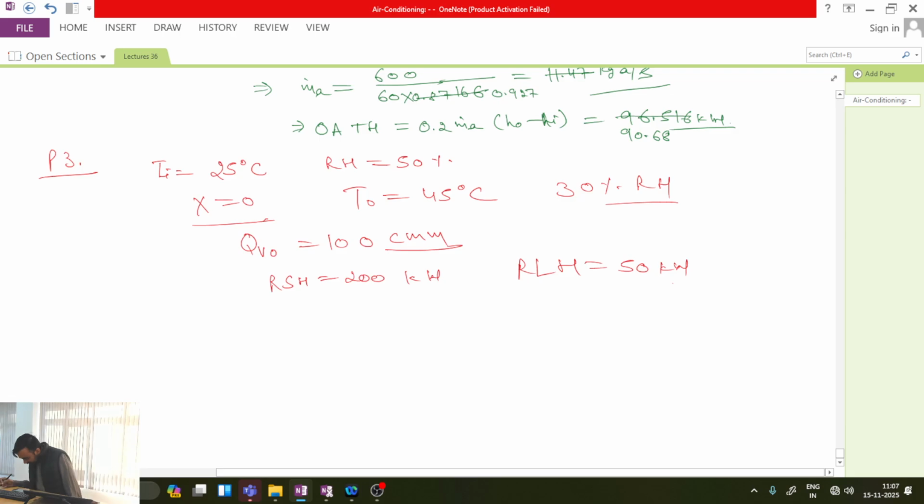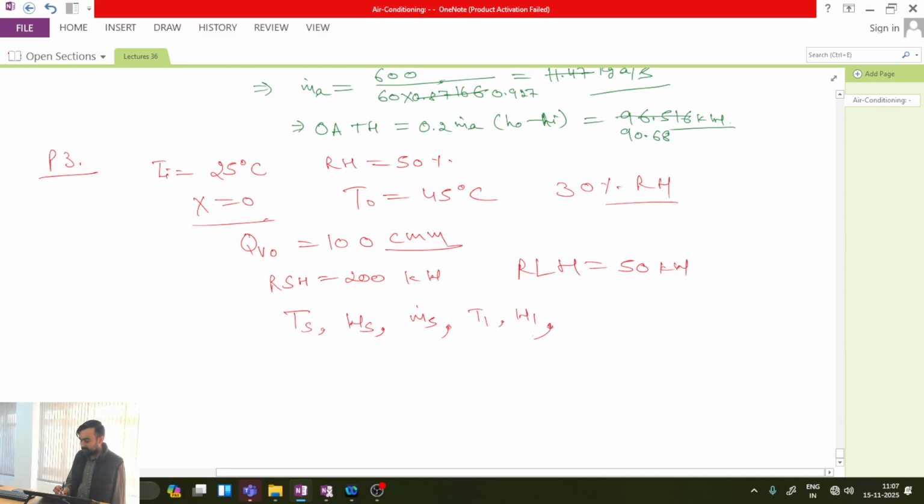Okay. And we need to determine the supply air state, mass flow rate of supply air. So supply air state, it means TS and WS, mass flow rate of supply air, so M dot S, and the state at the inlet of the cooling coil. So at the inlet of the cooling coil typically is state 1.